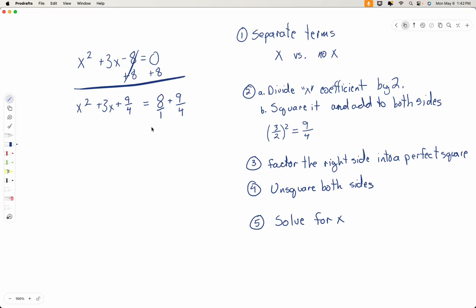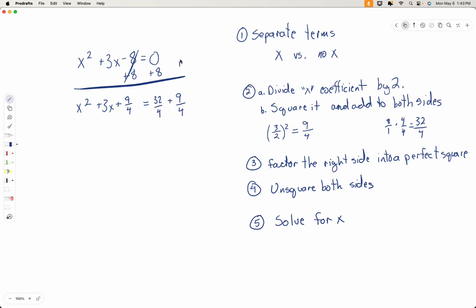So I want to be able to combine these together. So I'm going to change this to a denominator that is 4. So I'm going to multiply the top and the bottom by 4. So 8 over 1 times 4 over 4 is equal to 32 over 4, right? So that's what I'm going to change that to. 32 over 4. That's going to allow me to add these two together in the next step.